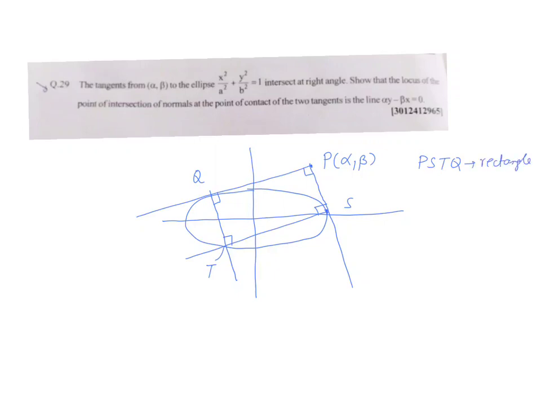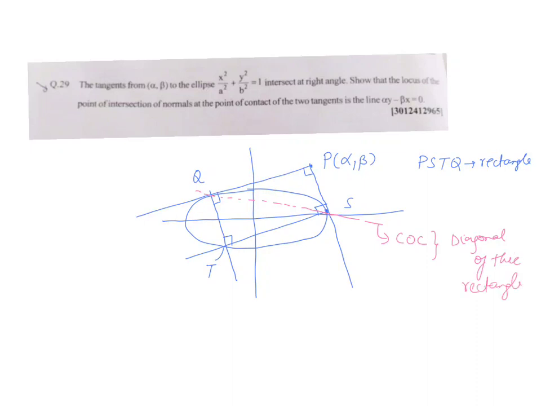Also, if we join the points Q and S, we will be getting this line QS, which will become the chord of contact, and this chord of contact with respect to this point P will also become a diagonal of this rectangle.